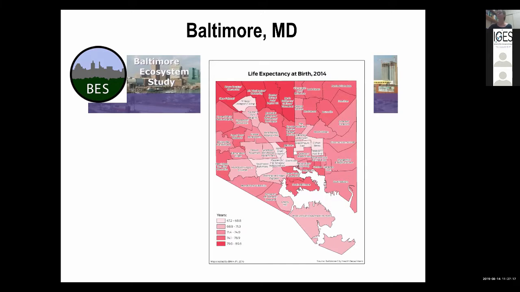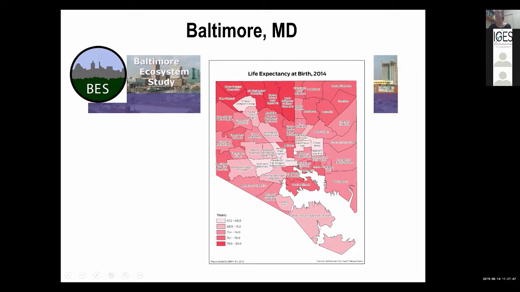And when I'm talking about a city of neighborhoods and those stark differences, this map is the city of Baltimore. So that's in Maryland. And it is contiguous with the Chesapeake Bay, just north of DC, about 40 miles. And this shows different neighborhoods within that city, and they are color-coded from dark pink to light pink in this particular map based on life expectancy.